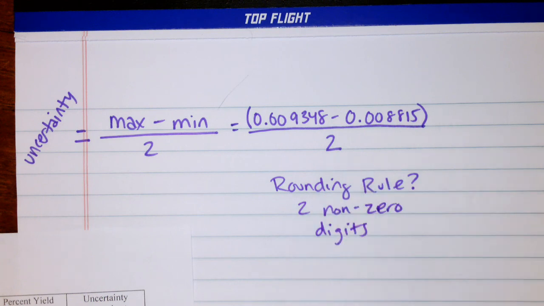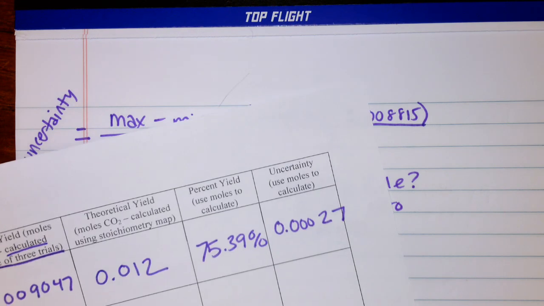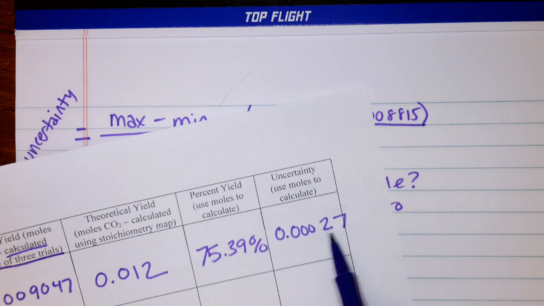Okay, because you know how usually we round to the 100th? Here, if I rounded to the 100th, my uncertainty would be 0, but that's not actually the case, okay? So you want to make sure that you are rounding so that you have at least 2 non-zero digits.